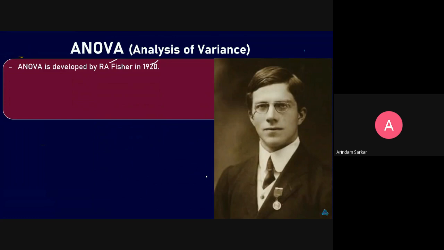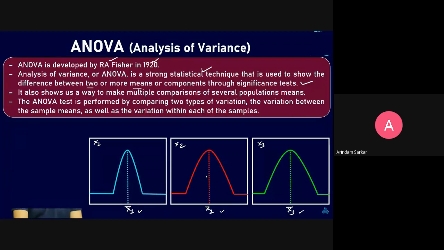And this is ANOVA. This is called analysis of variance, a widely used parametric test tool. In case of ANOVA, these are the different samples, maybe taken from the same population, maybe taken from different populations.